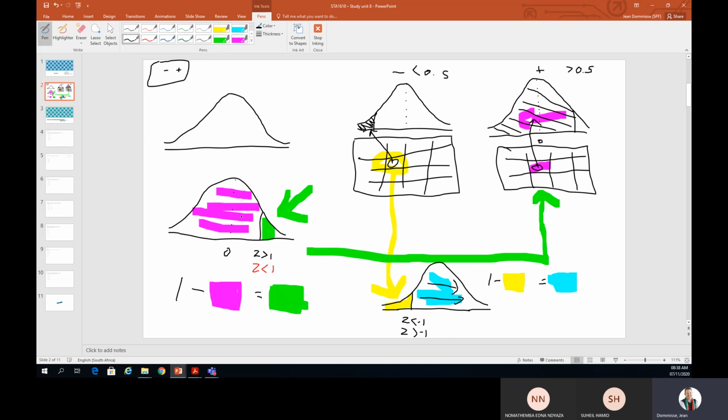Then you need to know, okay, do I use the probability that's in the table, or do I need to say 1 minus the probability of that table. If I look at the negative, it's exactly the same. If I need to find the smaller area, I just read it from the table. If I need to find the bigger area, again, I say 1 minus the smaller area.